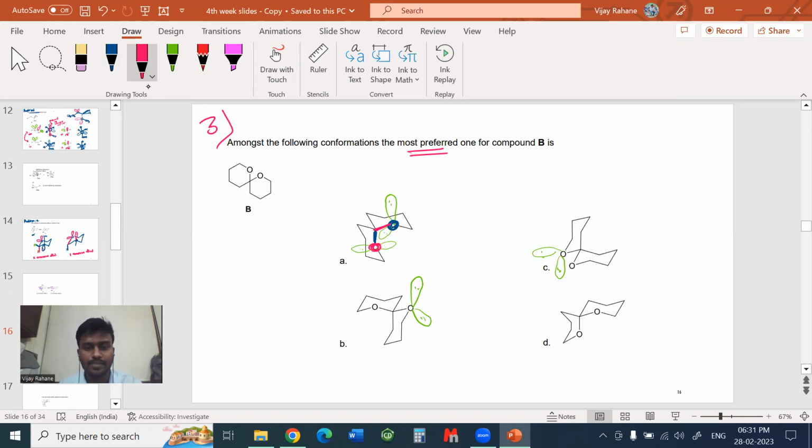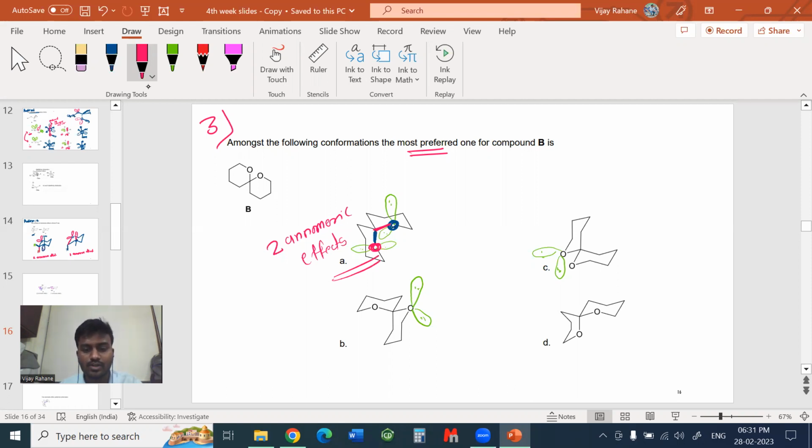Here will be an anomeric effect possible. For this structure there are two anomeric effects. Therefore, this A structure is the preferred conformation.